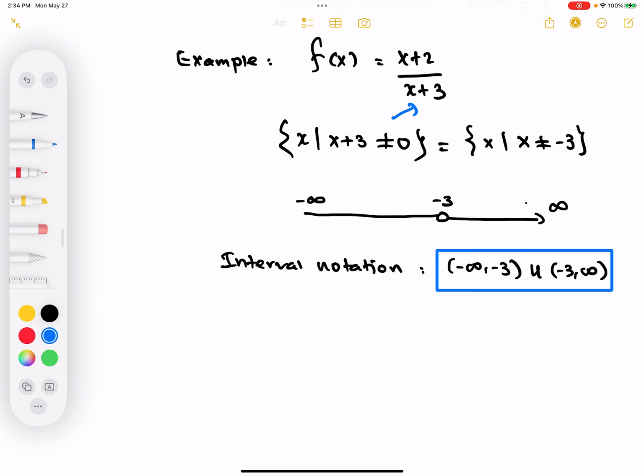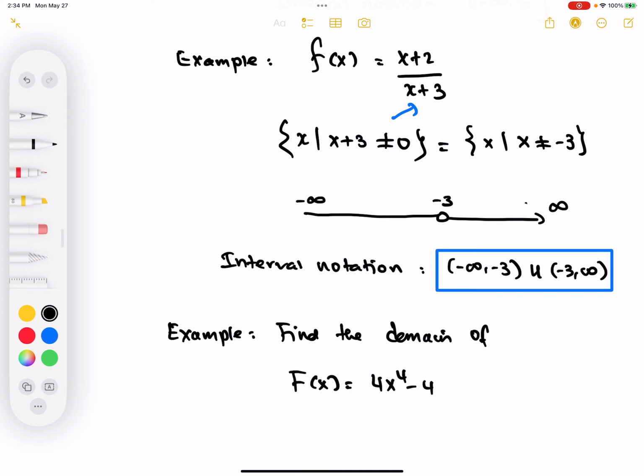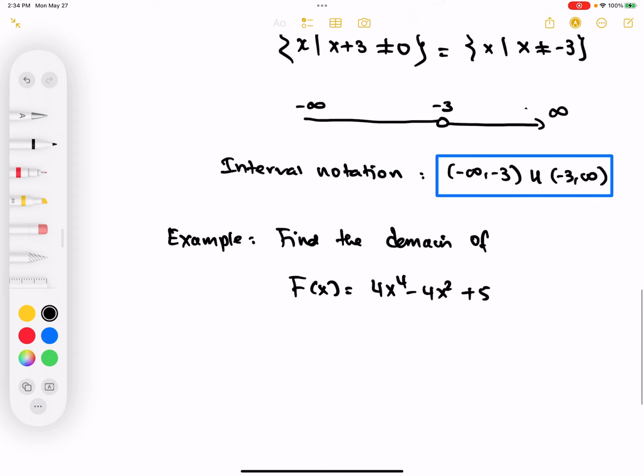Let's add one more example. Find the domain of, for example, f of x is 4x to the fourth minus 4x squared plus 5. When you look at this one, it is a polynomial function.